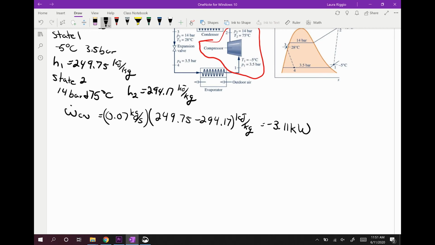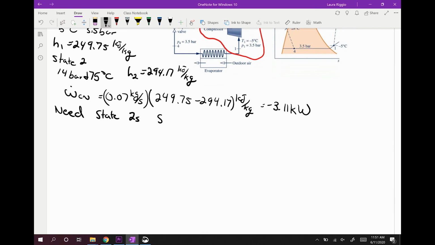For the efficiency, we need state 2S. So S2S is equal to S1, which is 0.9572.